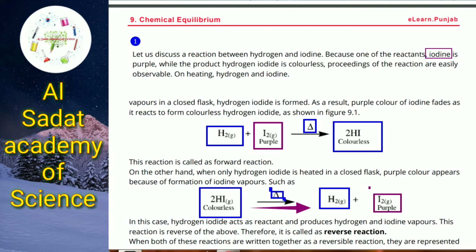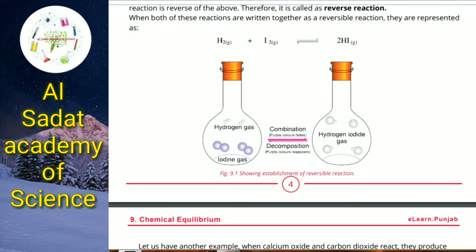When both of these reactions are written together as a reversible reaction, they are represented as hydrogen plus iodine reversibly goes to form hydrogen iodide. H2 plus I2 reversibly goes to HI, meaning hydrogen gas and iodine gas combine to form hydrogen iodide gas, and hydrogen iodide gas at the same time decomposes to form hydrogen and iodine gases.